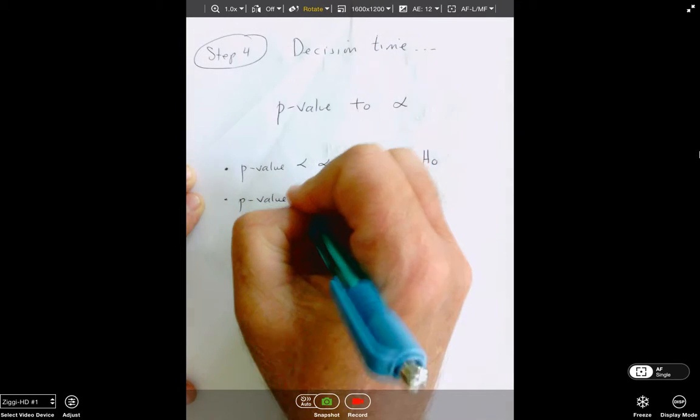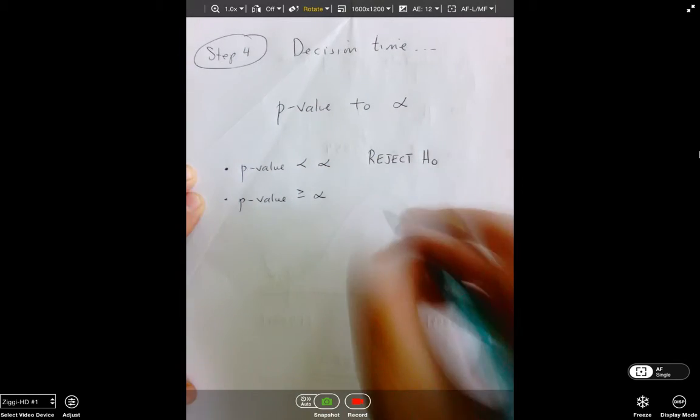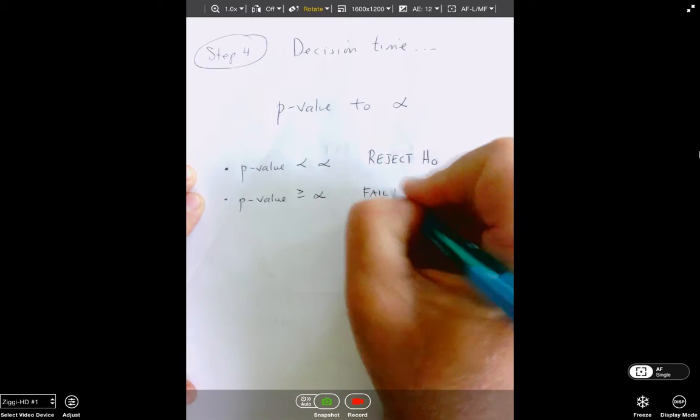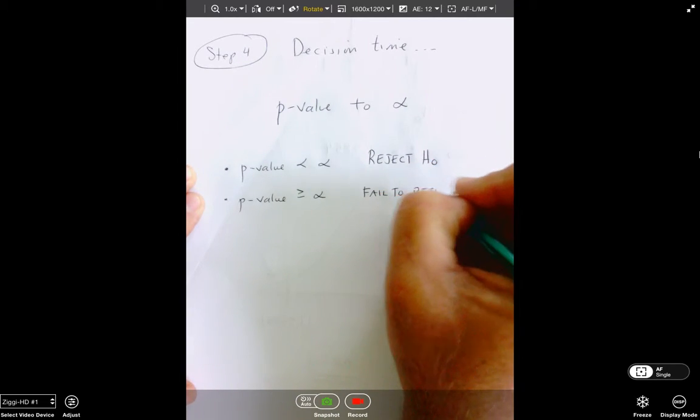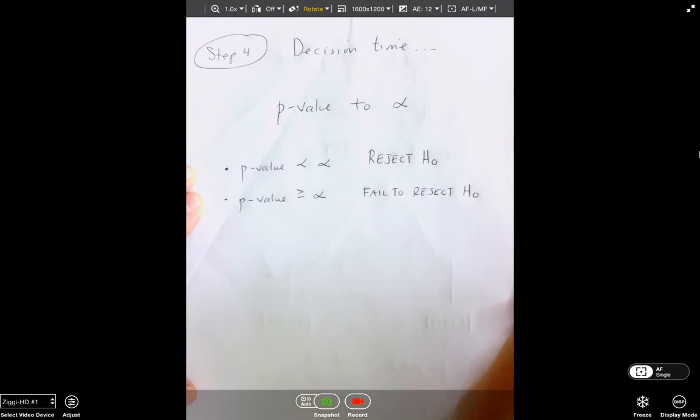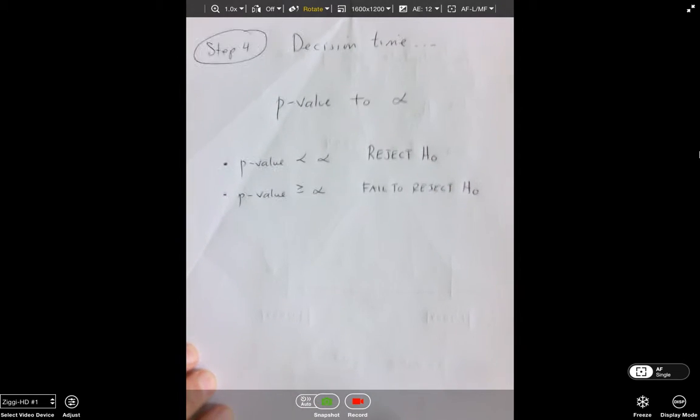If your p-value is greater than or equal to alpha, then you fail to reject H sub 0.